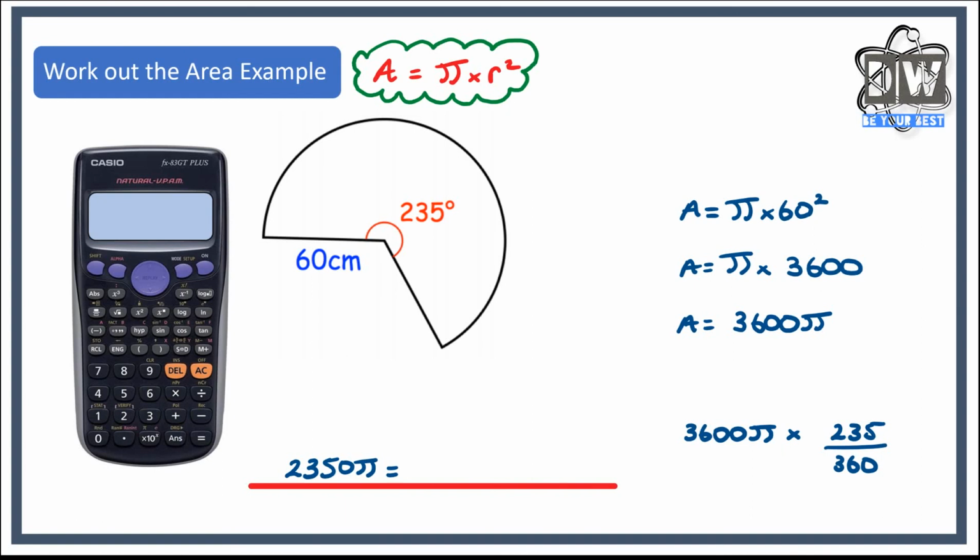We've got 2,350 pi, and that, if we press the SD button, is going to give us 7,382.742, and to 2 decimal places, that would be 0.74. And do not forget the centimetres squared, people. Don't forget the centimetres squared.